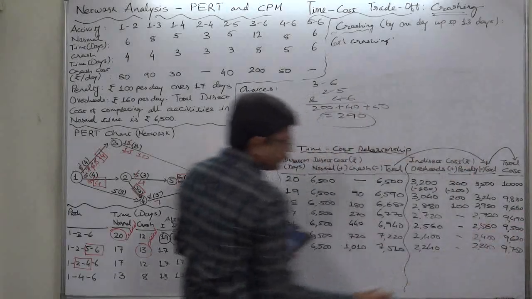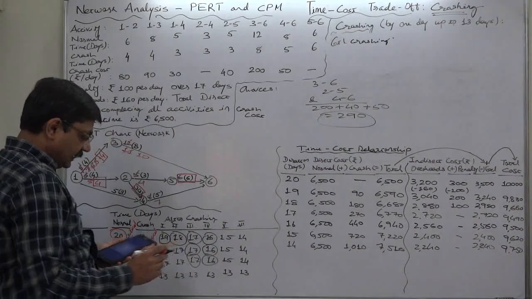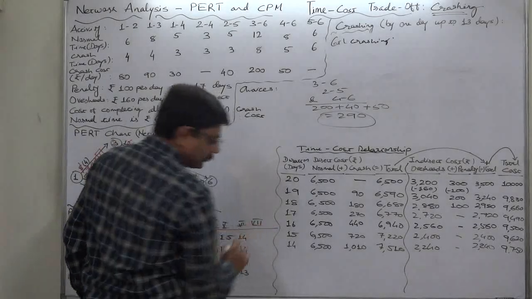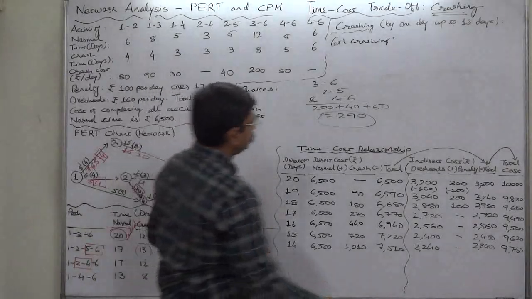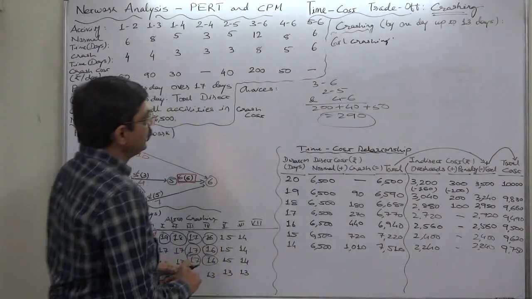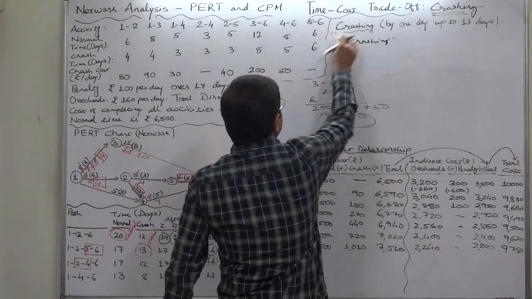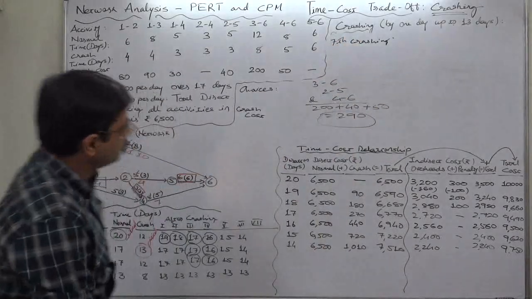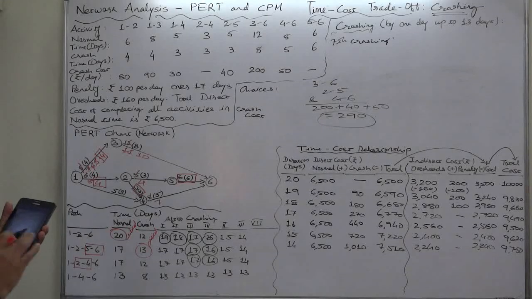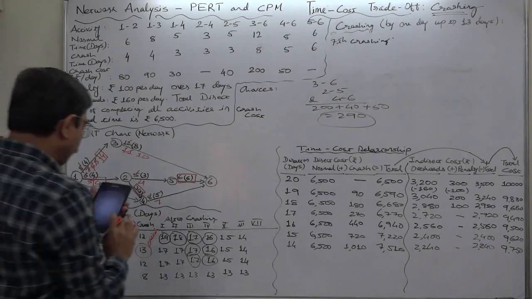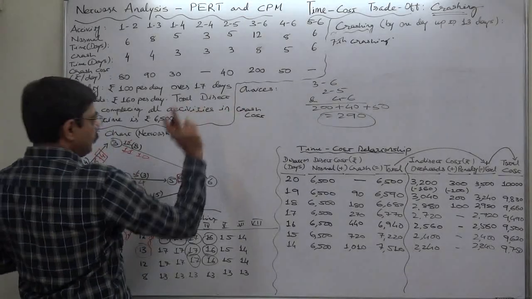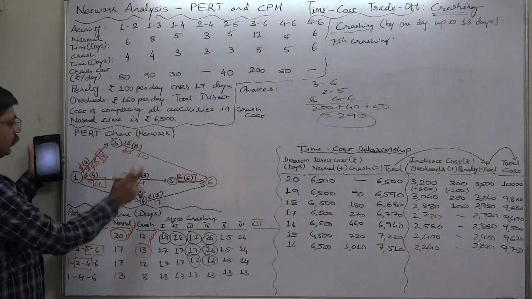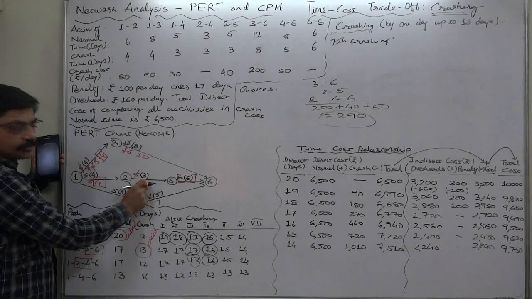See, this is continuously increasing after 17 days. And we have the last alternative available. And see, in the 7th crashing, what happens? In the 7th crashing, again, we have only one kind of combination available. 3, 6 from the first, 2, 5 can be reduced to 3 days.